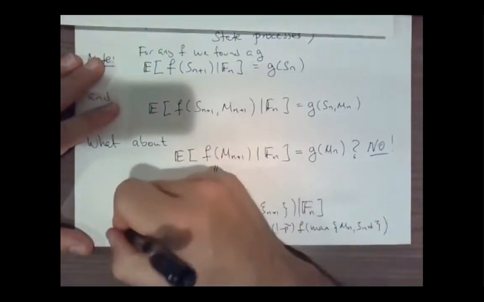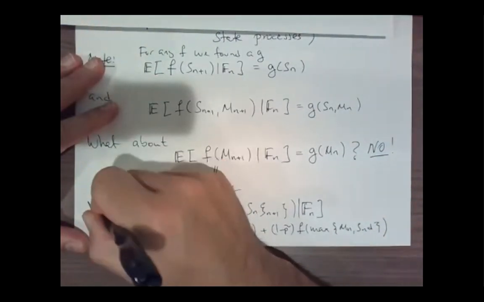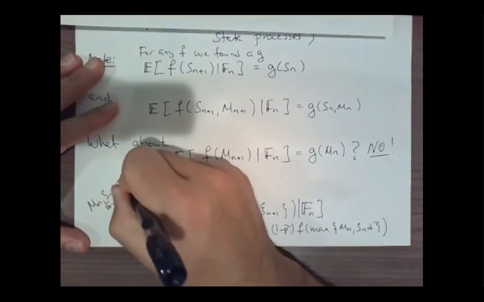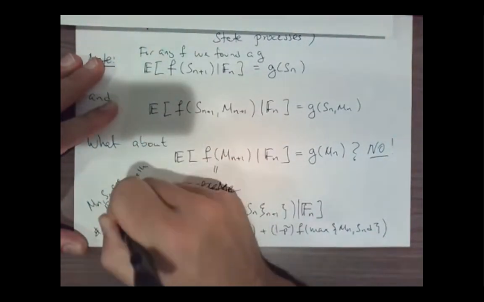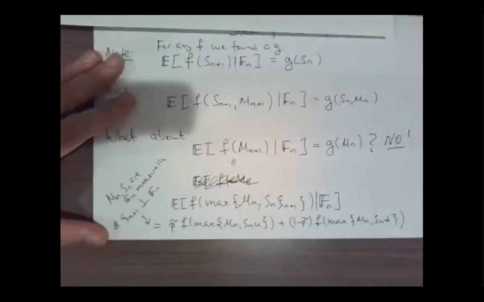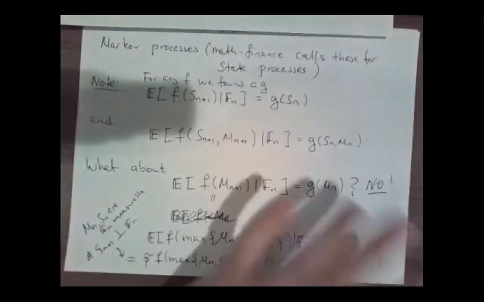So I'll have here that Mn and Sn are Fn measurable, and that psi n plus 1 is independent of Fn. So the answer is no.